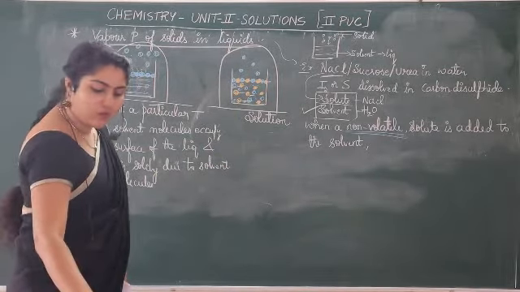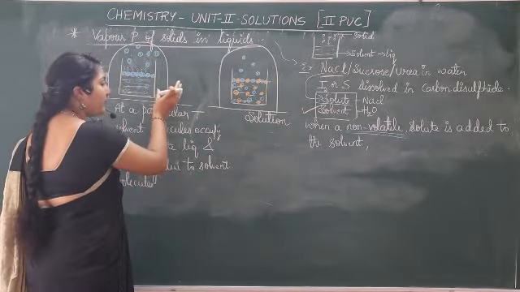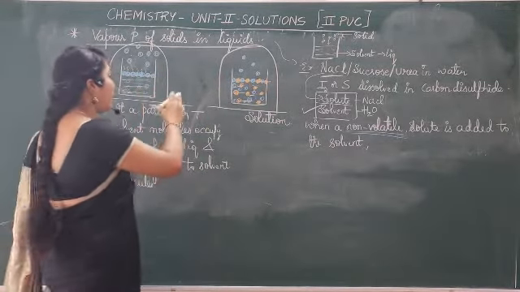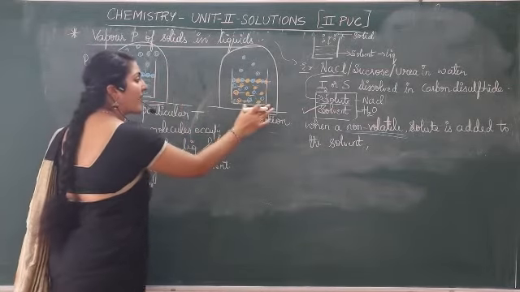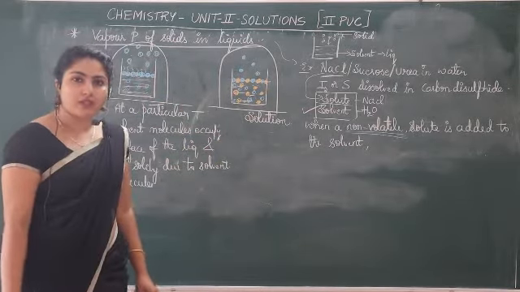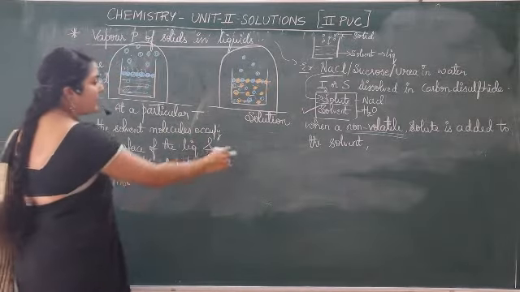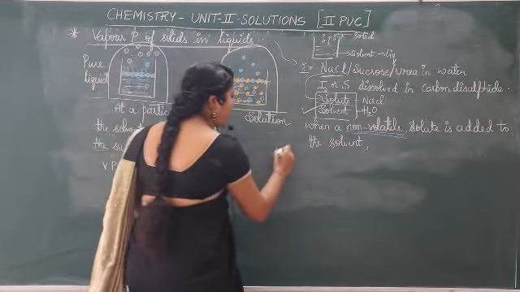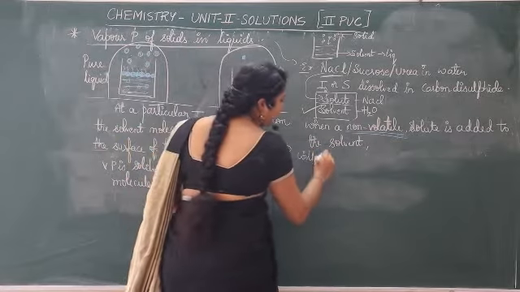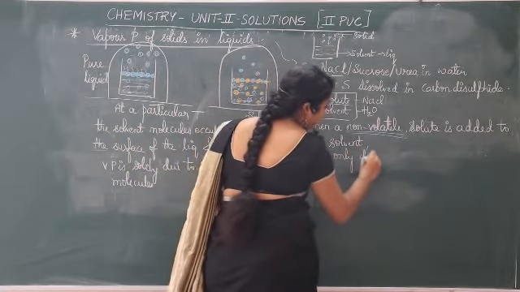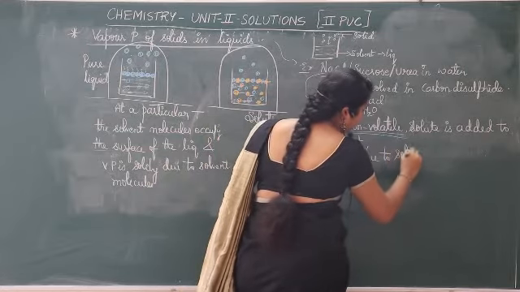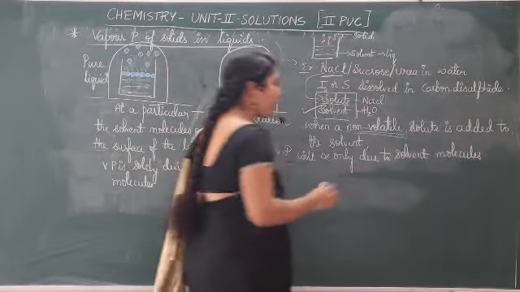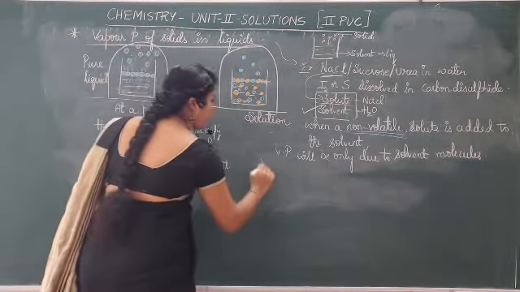So if they ask you why the vapor pressure of pure solvent is more than vapor pressure of solution, your answer must be, here you will explain: when a non-volatile solute is added to the solvent, again the vapor pressure will be only due to solvent molecules.